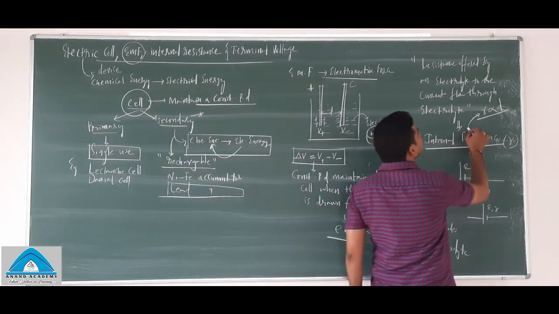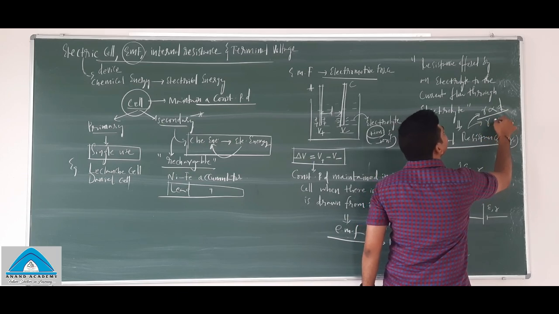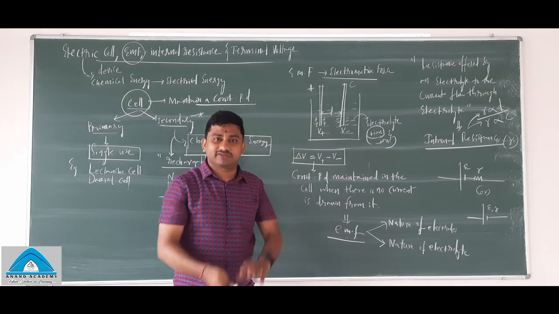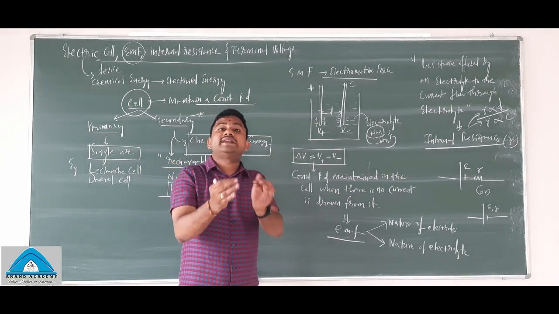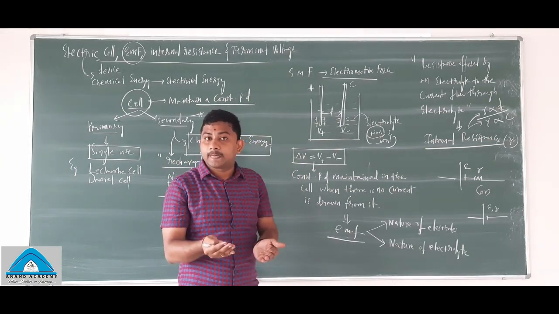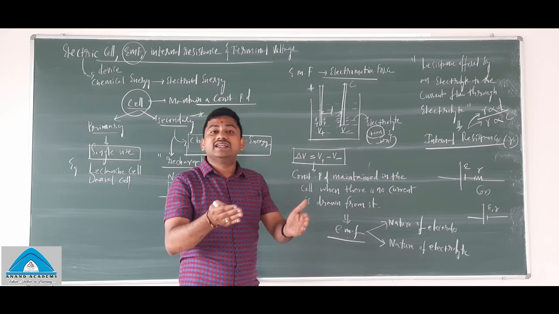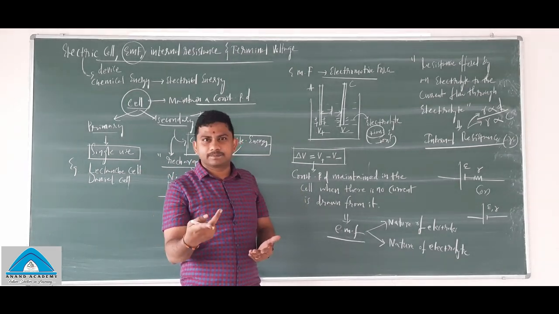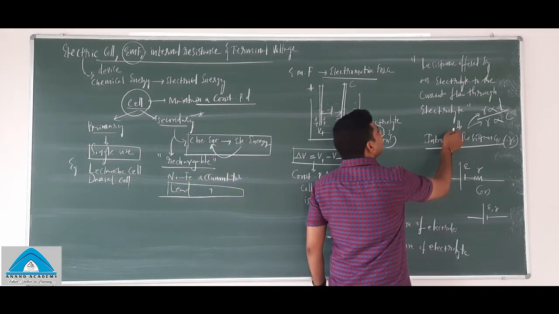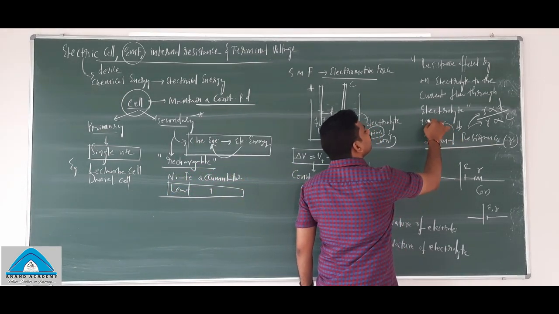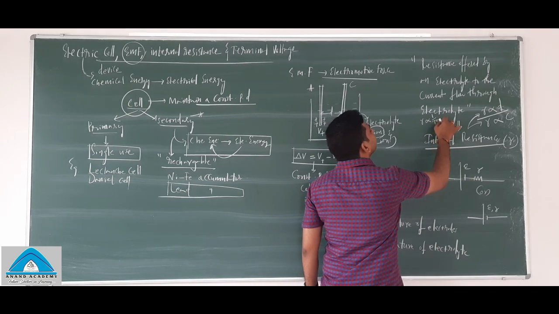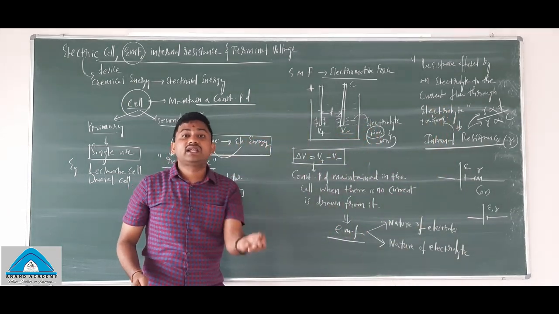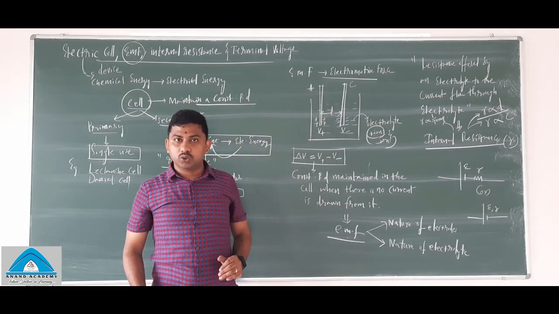The second thing is that the internal resistance is related to the concentration of the electrolyte. If the electrolyte is of high concentration, then the internal resistance will be more, and vice versa. The same internal resistance is inversely proportional to temperature. So when the temperature of the electrolyte is less, internal resistance will be more.